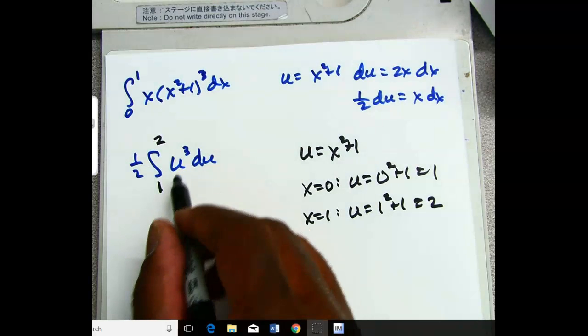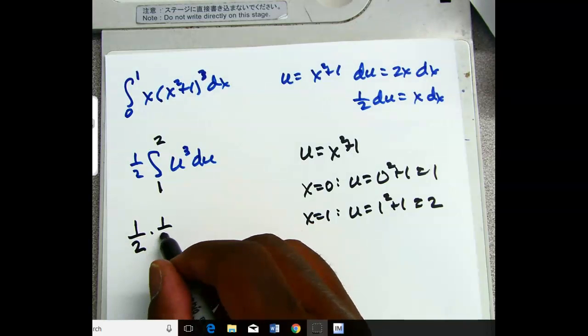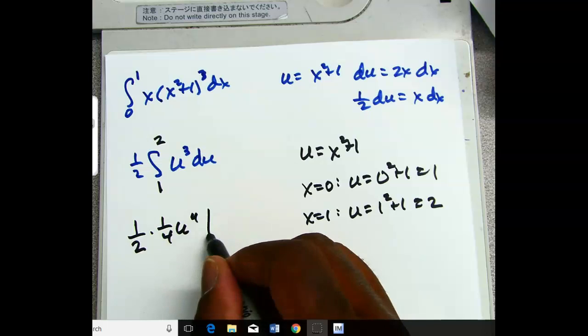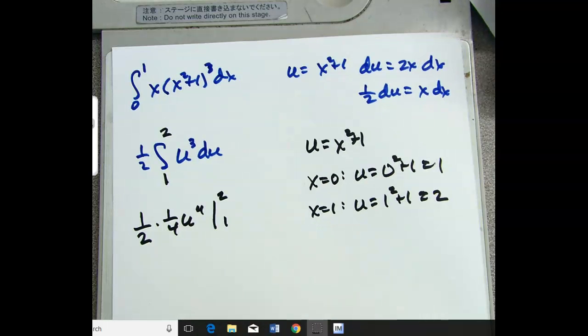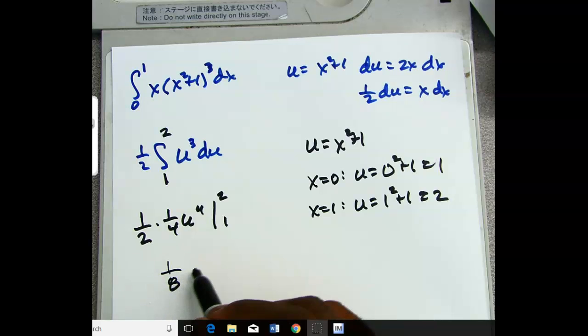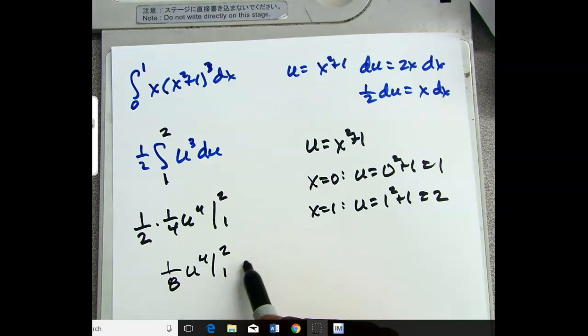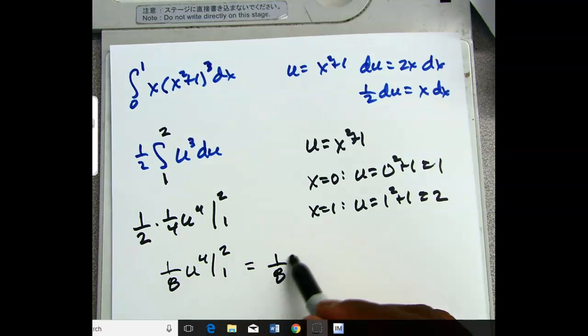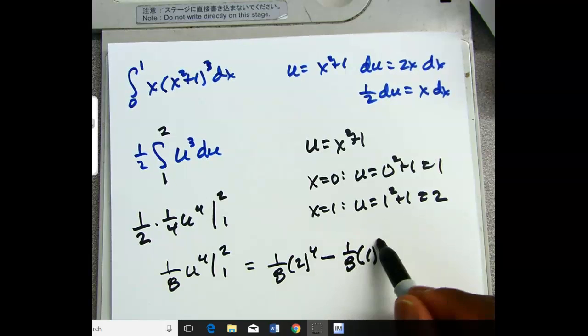So now taking our antiderivative, we get 1/2 times 1/4 u to the 4th, but now I'm going to evaluate this at 2 and at 1. So I get 1/8 u to the 4th evaluated at 2 and 1. So that's 1/8 times 2 to the 4th minus 1/8 times 1 to the 4th.